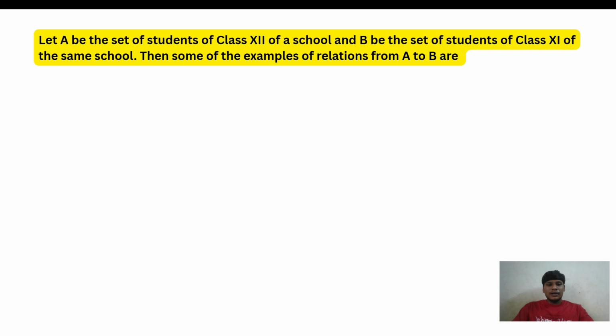Okay, here is an example given in the textbook. Let A be the set of students of class 12 of a school and B be the set of students of class 11 of the same school. Then some examples of relations from A to B are: first, (A, B) belongs to A cross B, where A is a brother of B. In this they mean that there may be a chance of a student in class 12 being a brother of a student in class 11.